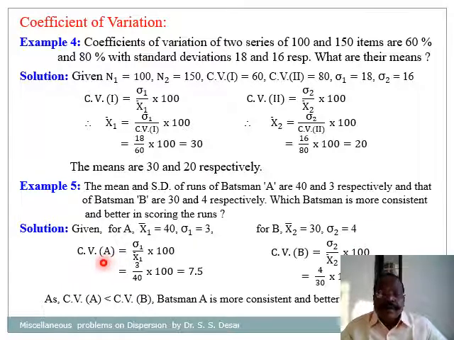Therefore, for batsman A, the CV is 3 divided by 40 into 100, that is 7.5, and for batsman B, CV is 4 divided by 30 into 100, that is equal to 13.33. Now, as CV of batsman A is 7.5, which is less than CV of batsman B, that is 13.33, therefore batsman A is more consistent and better in scoring the runs.